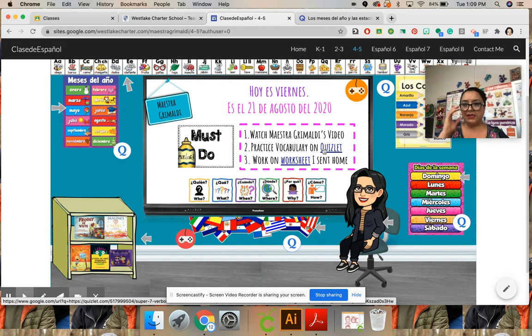What vocabulary am I talking about? I sent home this worksheet right here. It has 7 verbs, 7 verbos, 7 superverbos. I sent them in a yellow envelope. And this is what I want you to make sure to do. I want you to keep this envelope. Any work I send home, I want you to put it in here because Espanol is all about the practice.